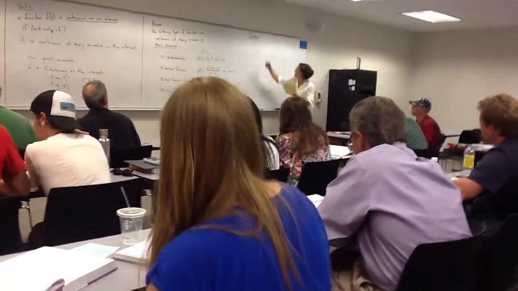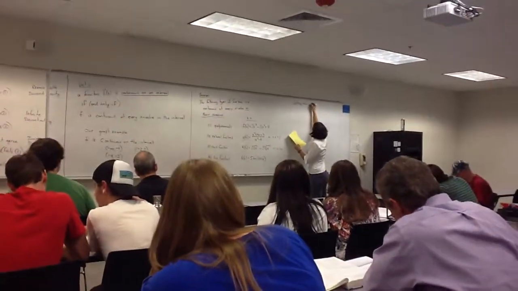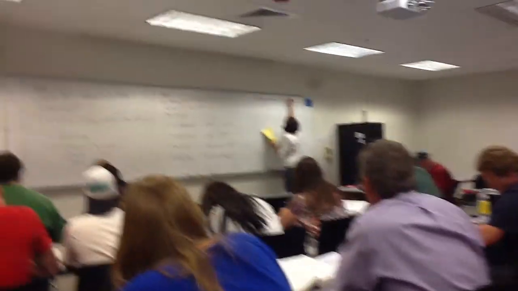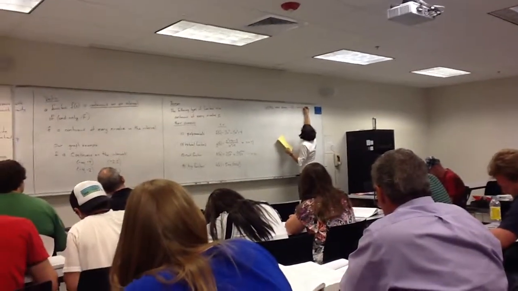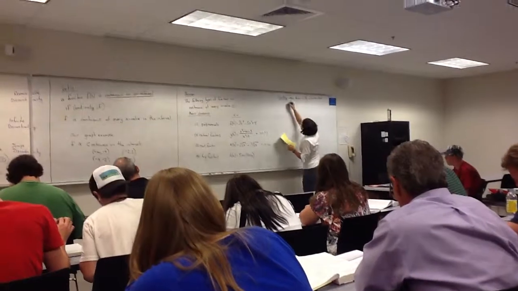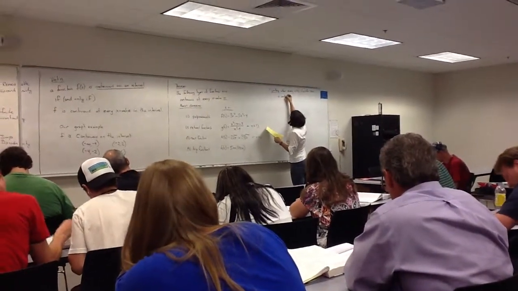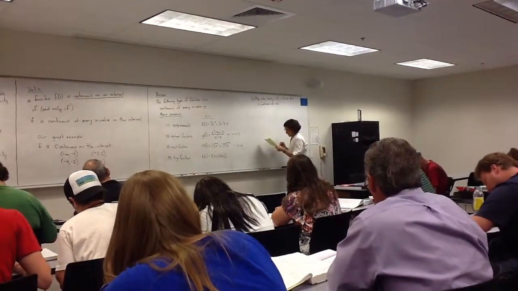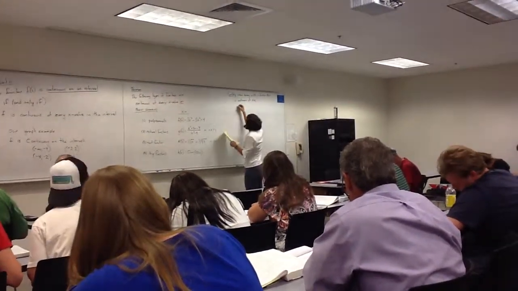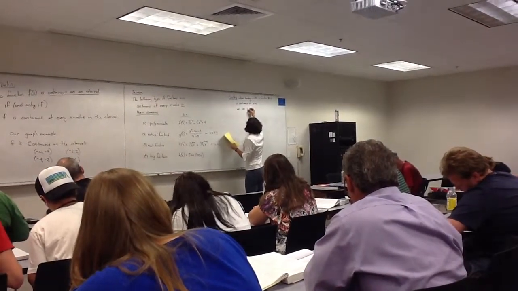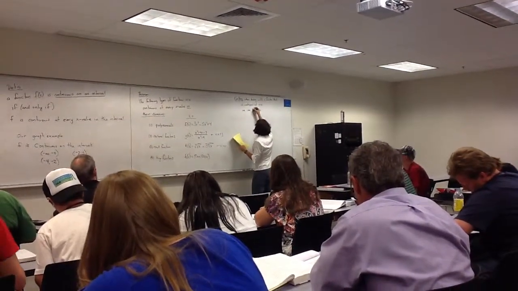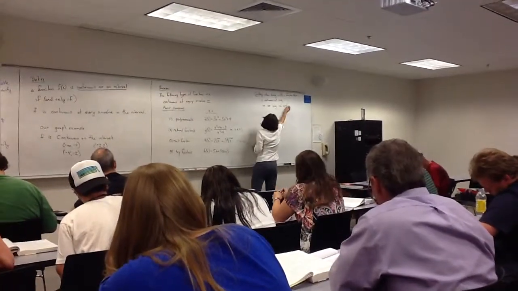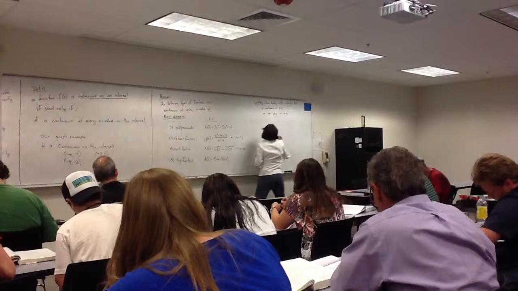And the corollary says that when dealing with a function that is continuous at x equal to a, we can plug in a and work with our limit.